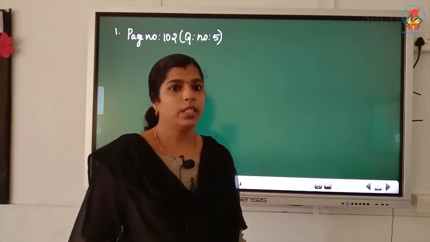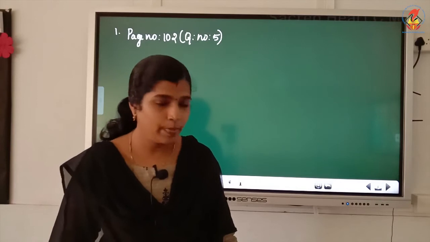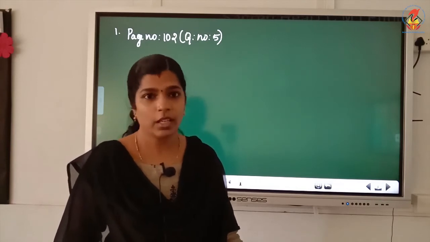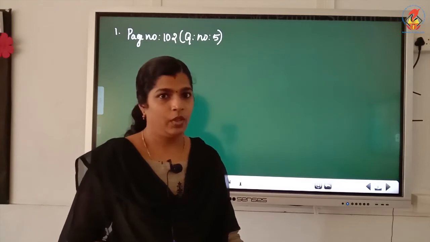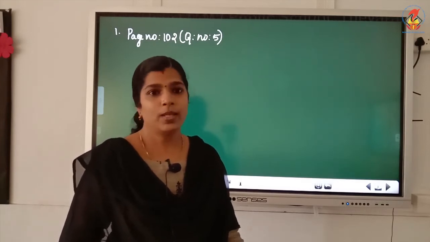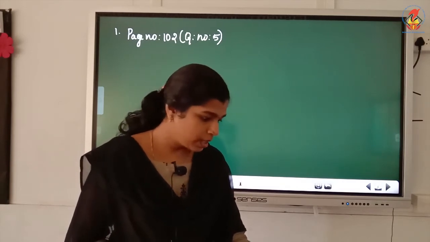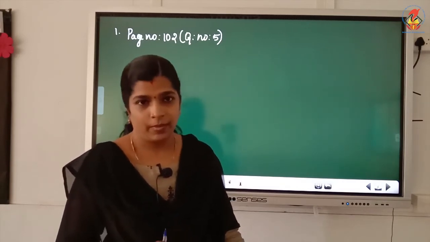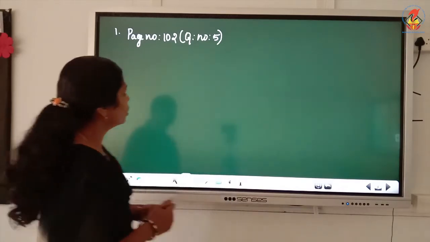Now, the question is like this: a signal from a spaceship reaches the ground station in 5 minutes, and the speed of the signal is 3 into 10 raised to 8 meter per second, the speed of light. Now you have to calculate the distance.